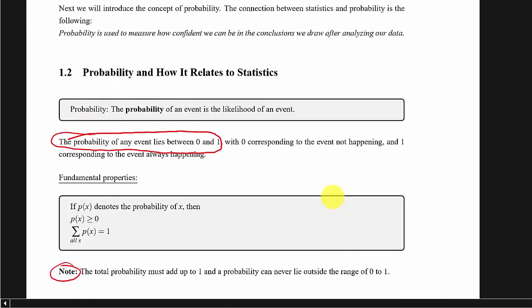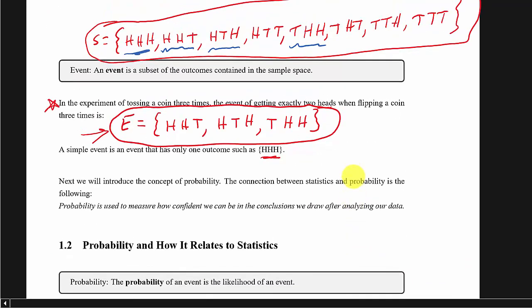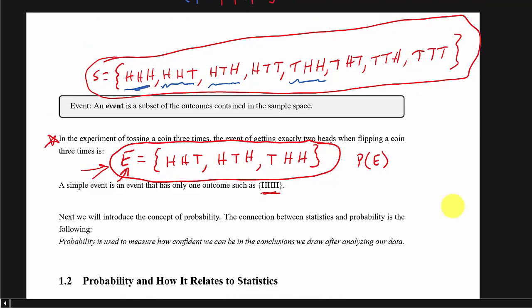So let's come back up here and find the probability of getting exactly 2 heads, and I'll use the letter E because that's what E represents in the problem. It represents the event of getting exactly 2 heads. I need the number of successful outcomes. Well, there's 1, 2, 3 of them.